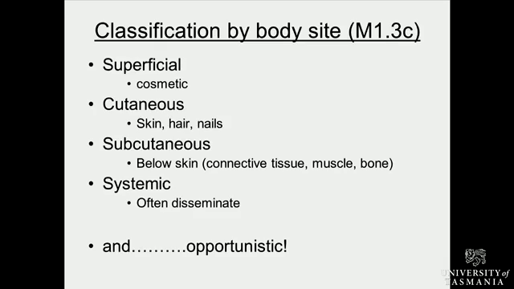So the dead parts of your skin, or your hair, or your nails. So cutaneous disease involves skin, hair, or nails. And you do make an immune response. And if you leave them, they will get worse. They're not going to kill you though, but they do get worse.